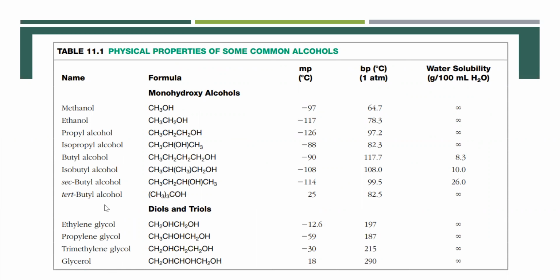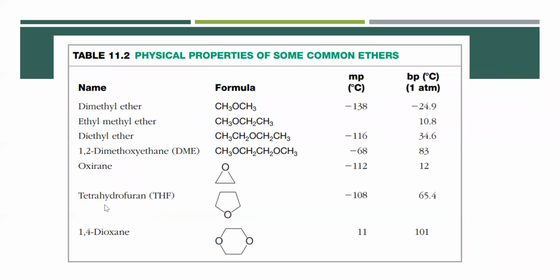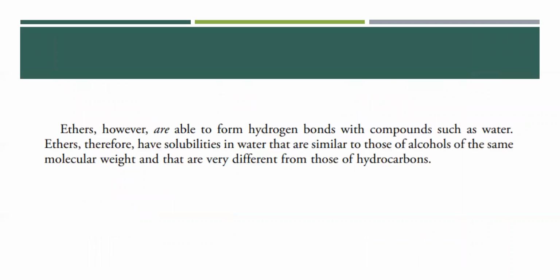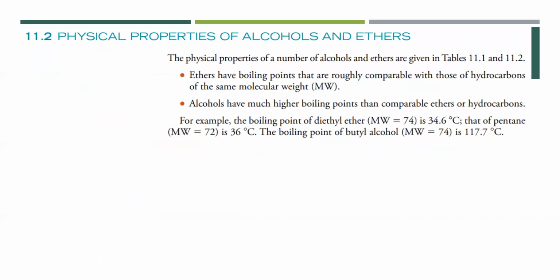Those are all alcohols. These are ethers. Okay, generally what you can see in the table later, you know that ethers have boiling points that are roughly comparable to that of hydrocarbons having the same molecular weight, but that alcohols have much higher boiling points than the comparable ethers or hydrocarbons.